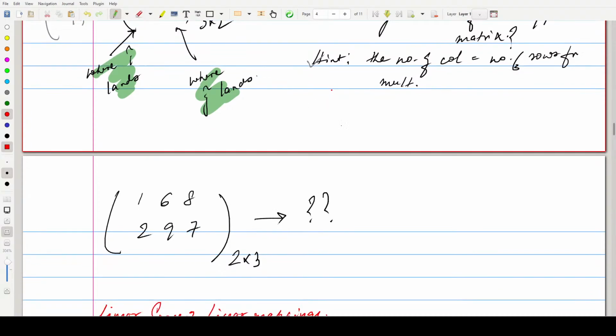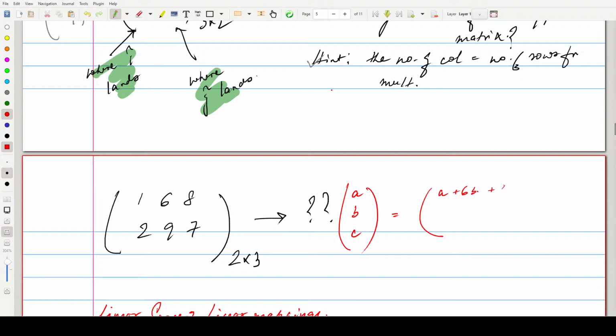Okay. So a similar exercise is to do that. What happens when we scale down? So essentially, if something is like so, which is a 2 cross 3 matrix, and we multiply this by, I don't know, let's multiply this by a three-dimensional vector, our resultant vector is 1A plus 6B plus 8C.